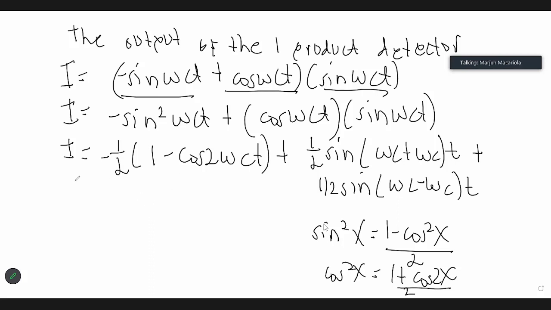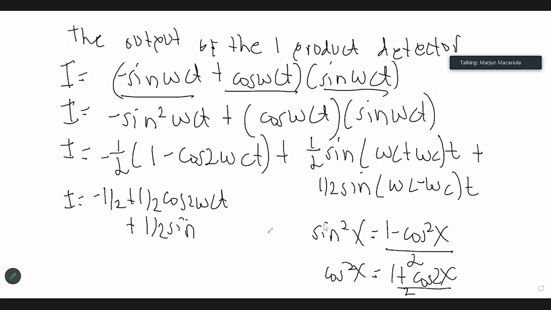Then, what we're going to do is to distribute. So, this will be equal to negative 1/2 plus 1/2 cosine 2 omega ct plus 1/2 sine.